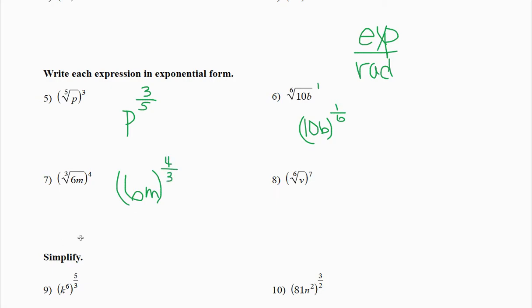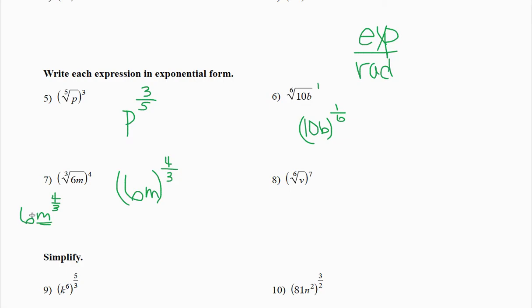Now, why is it wrong if you do not have the parentheses? If I were to write it like this, technically what is being said is that the 4/3 only applies to the m and not to the 6.